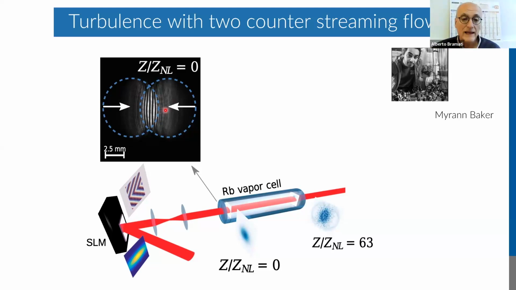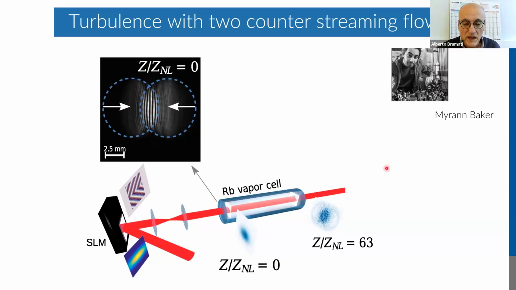Now during the propagation, they are counter-propagating, then they perform a collision. And when the nonlinearity is low, in this case at the beginning at the input of the cell, of course the nonlinearity is still zero, no? We observe a normal interference between the two beams, with regular interference fringes.